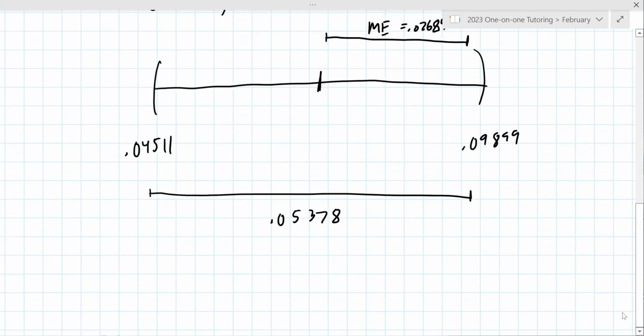Okay, so here's what I want you to do on your own: change the confidence level to 99, and I want the width of the new confidence interval. So your only thing you're going to change is the C value, and then you're going to take the right value and subtract the left value. Can you repeat that? Sorry.